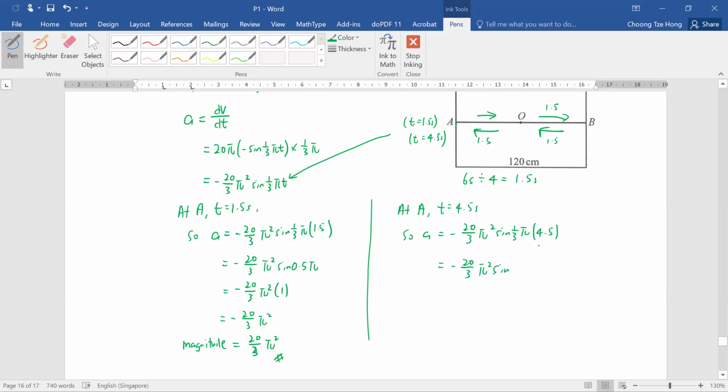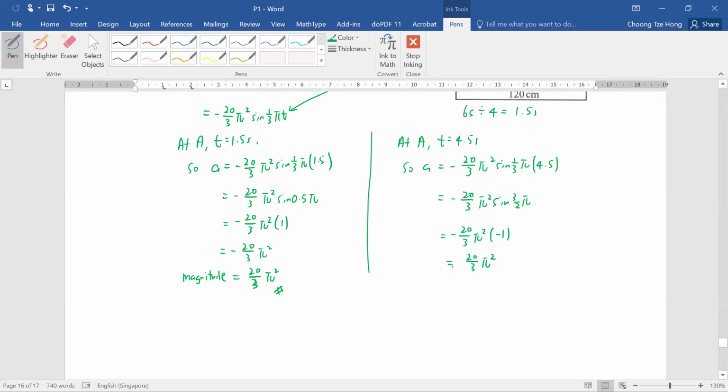Over here you will get 3 over 2 pi or 1.5 pi. 3 over 2 pi is 270 degrees, and if you recall, sine 270 gives you negative 1, which means the acceleration will now be 20 over 3 pi squared.